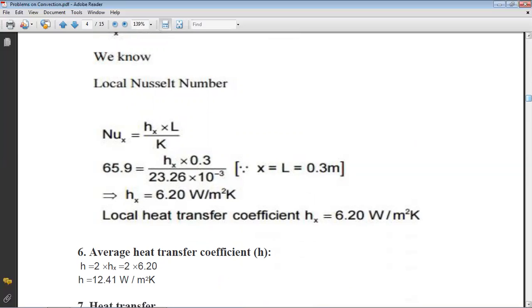In this case, k is nothing but the thermal conductivity of the fluid. In case of Biot number also, you will come across hL upon k. In that case, k is the thermal conductivity of the solid material. While defining Nusselt number, the k is with respect to the fluid. This change you should identify.